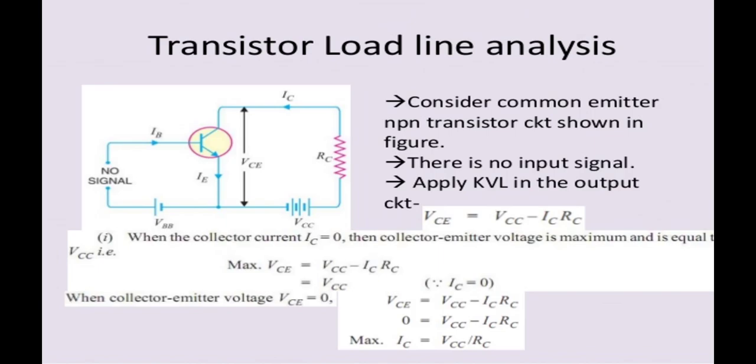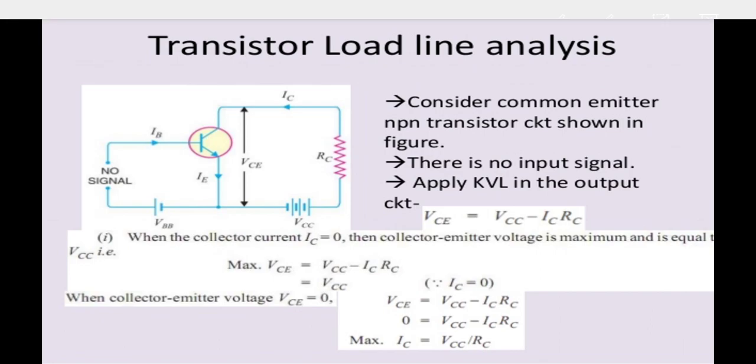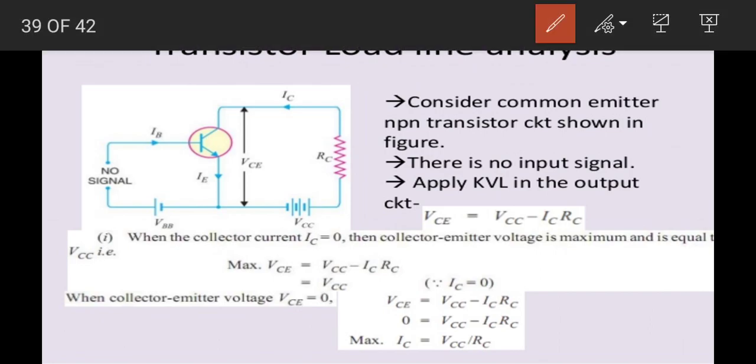See this, with no signal, we consider load line analysis here. Consider a common emitter NPN transistor circuit shown in the figure. Here we apply KVL, Kirchhoff's voltage law, from this direction and from this direction.